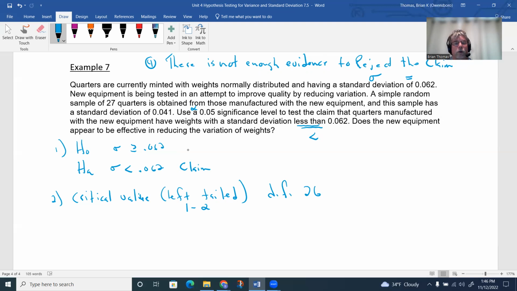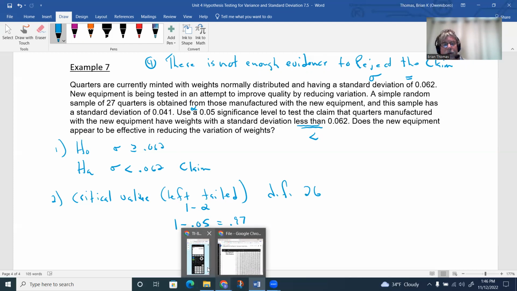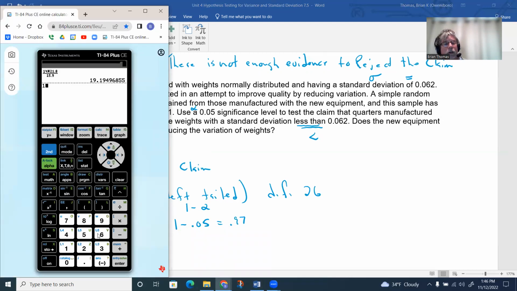So alpha was 0.05, so we got to use 1 minus 0.05. I'm sorry, my brain just went down. 1 minus 0.05, yeah, 0.95.